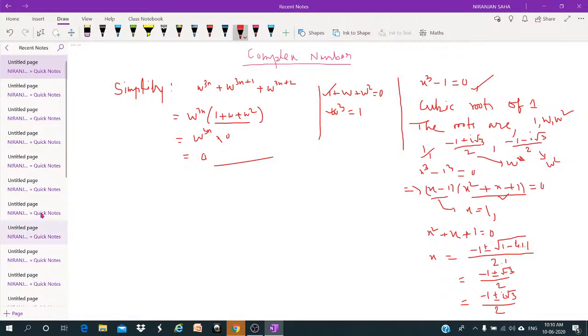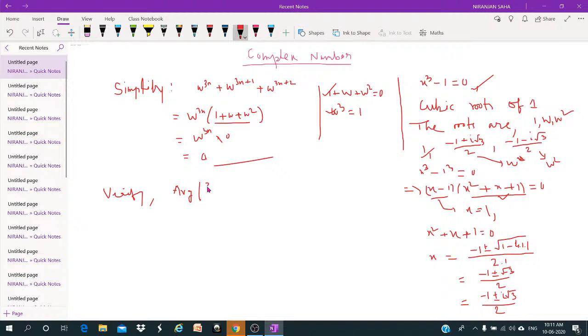Now I will prove a relation here. We will verify the relation which is based on argument. Yesterday I verified it; today again I verify a formula with argument.